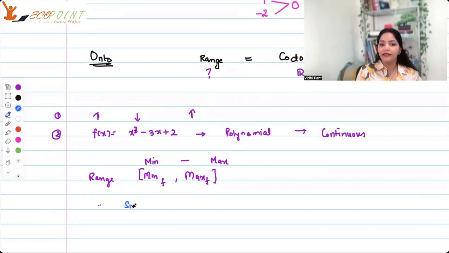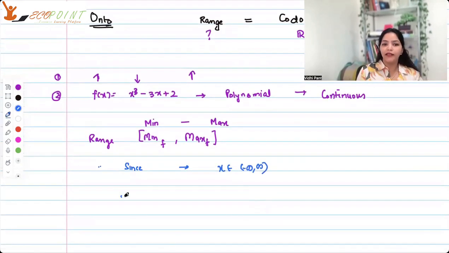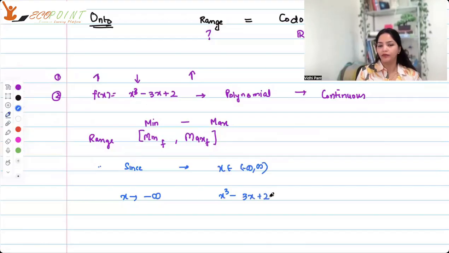Actually, since x belongs to minus infinity to infinity, x would be tending towards minus infinity. Look at x cube minus 3x plus 2.